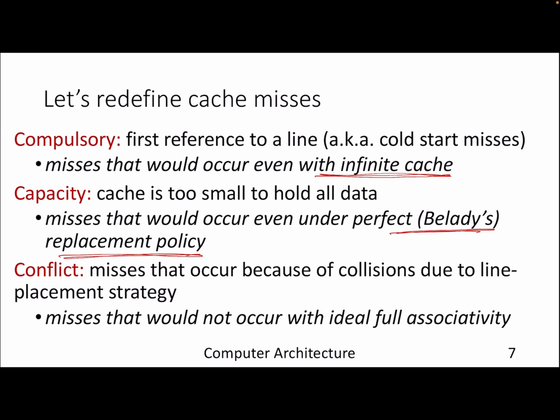And one way to quantify that is, if you are getting misses even with a perfect replacement policy, then that's the capacity miss. Okay. And conflict misses. If you come up with an ideal fully associative cache, then conflict misses will be ideally 0, right? So these are the different ways to look at the misses that we have already discussed.